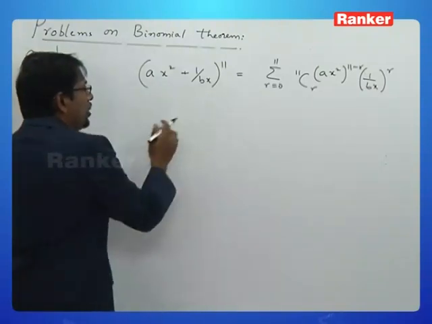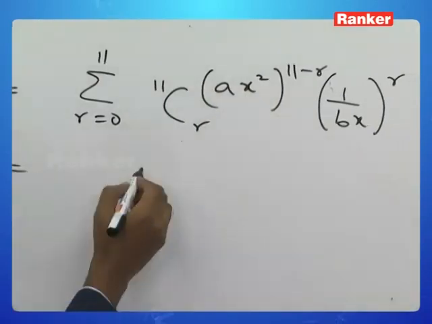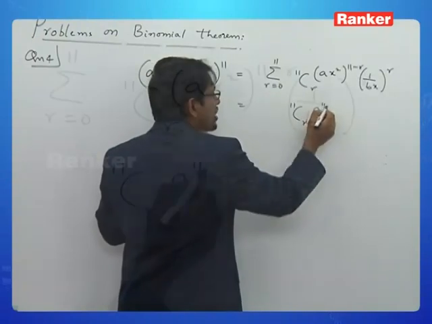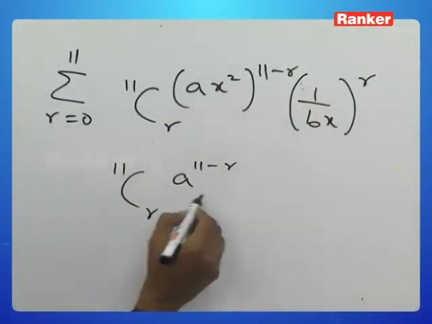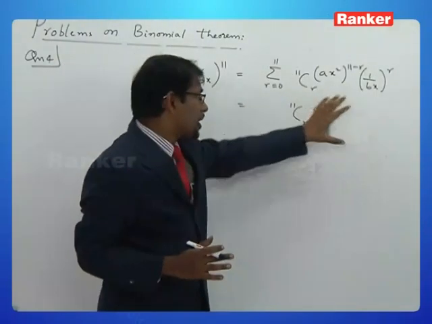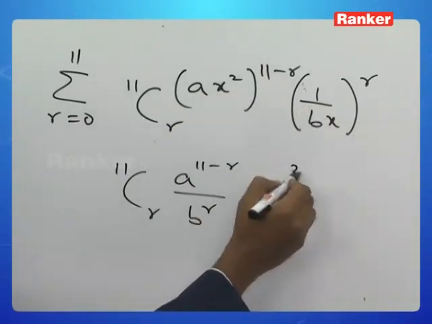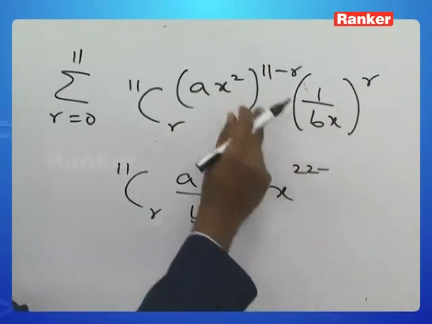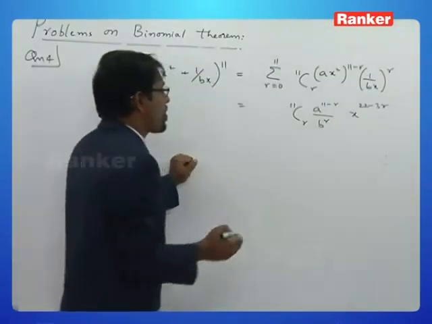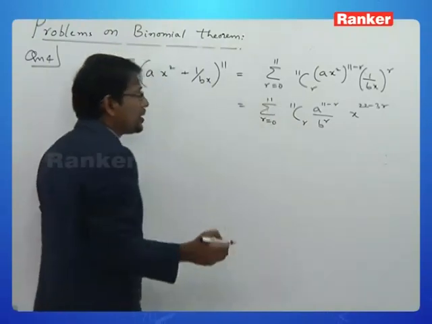Now, we'll club the power of x. The coefficient is 11Cr a^(11 minus r) by b^r, and we club the x terms: x^(22 minus 2r) and x^(minus r), so that makes it x^(22 minus 3r), summation over r from 0 to 11. That's the expansion there.